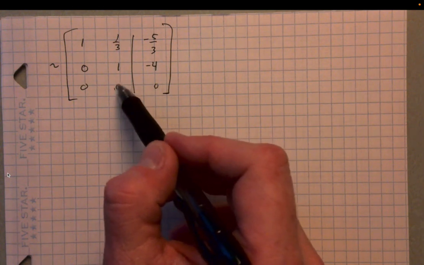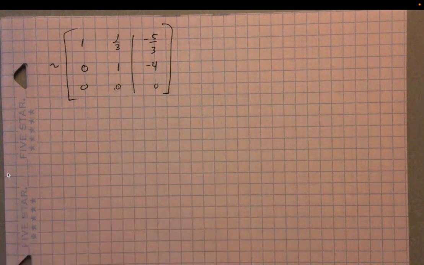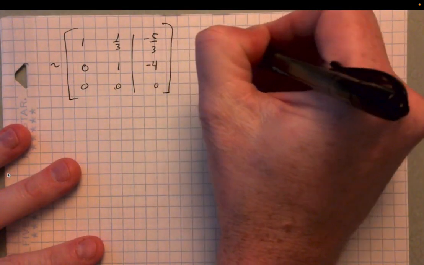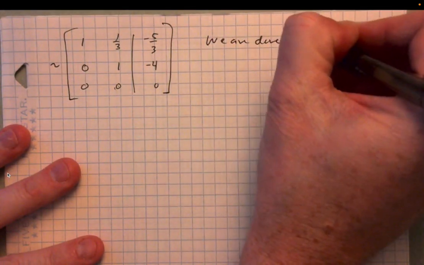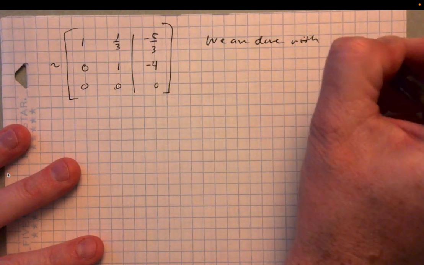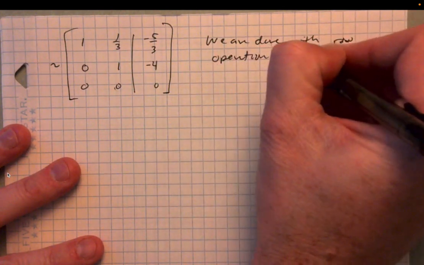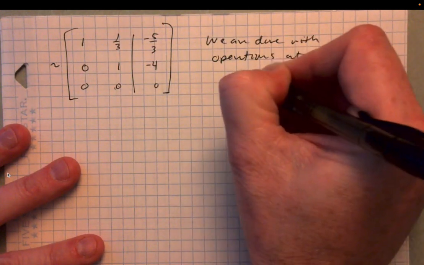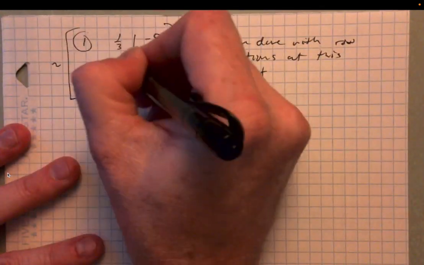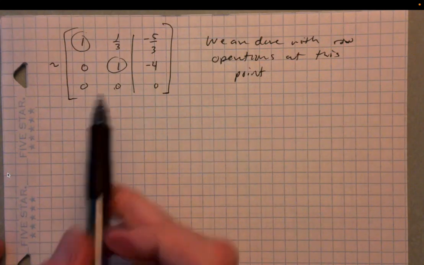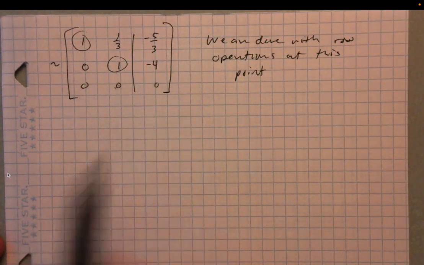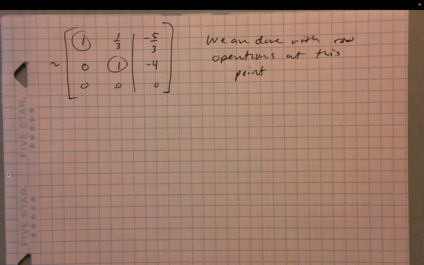Well, we've already got a 0 there under this pivot, and so technically we are done with row operations at this point, right? We've got our pivots on the diagonal, and everything below the pivots is 0. Okay. And so that's the process.